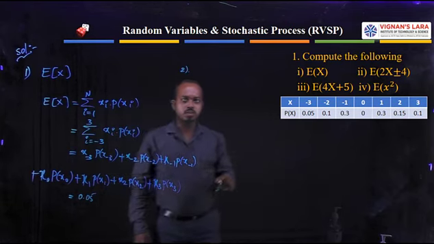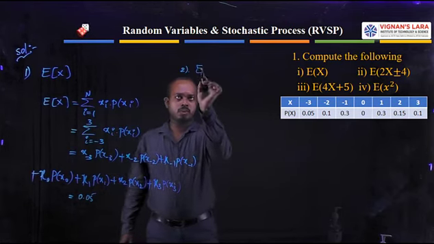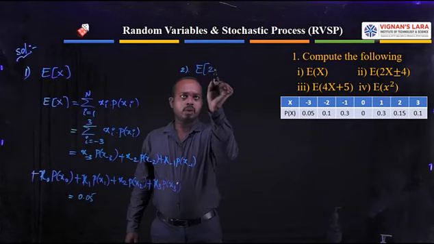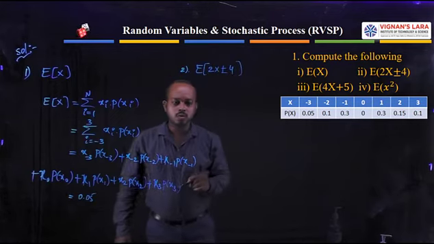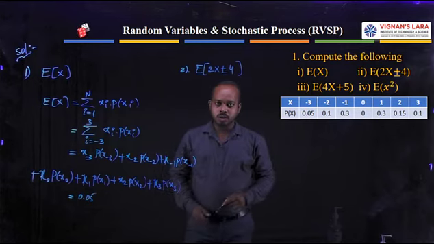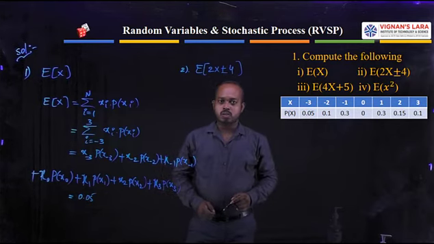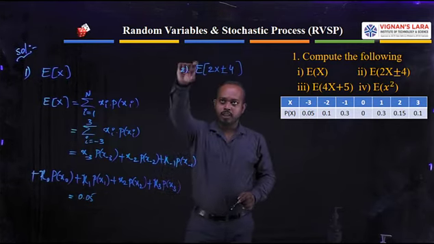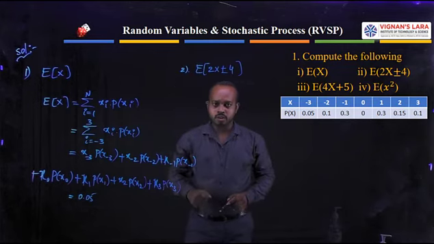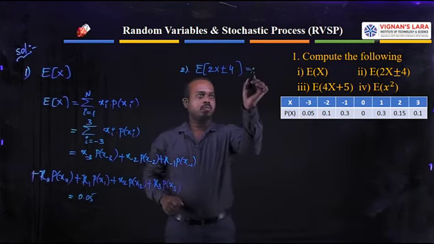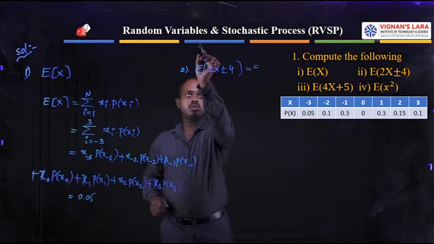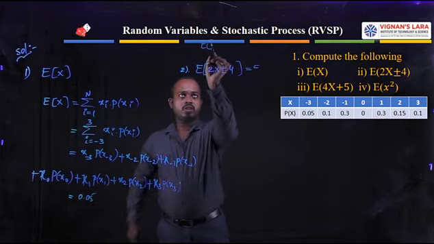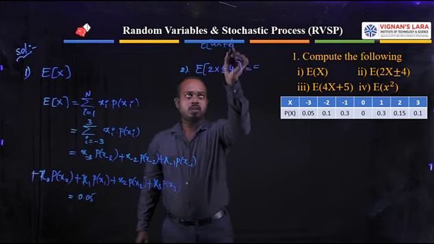The second one is expectation of 2x plus or minus 4. We have a property in the expectation values. After applying the expectation on a linear equation, suppose you take the linear equation ax plus b.